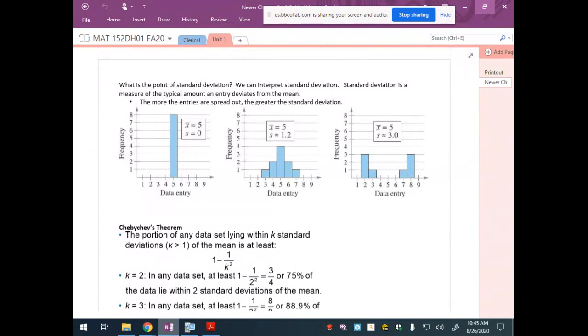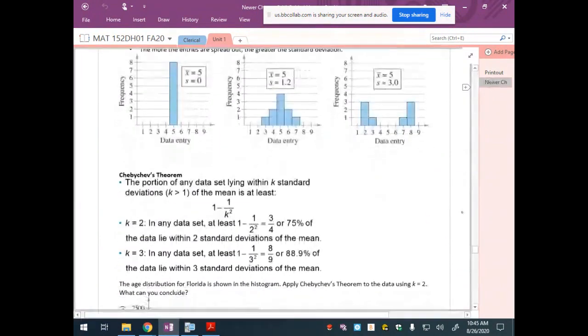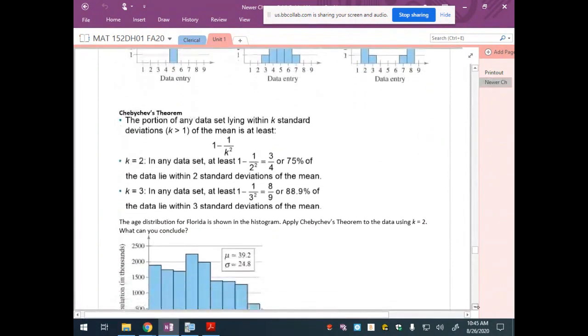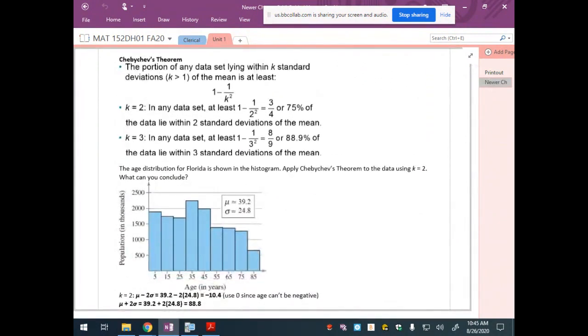All right, so Chebyshev's theorem. I'm not going to actually put this on the test because I have honestly found that Chebyshev's theorem doesn't work in a lot of ways, and we're going to see why.